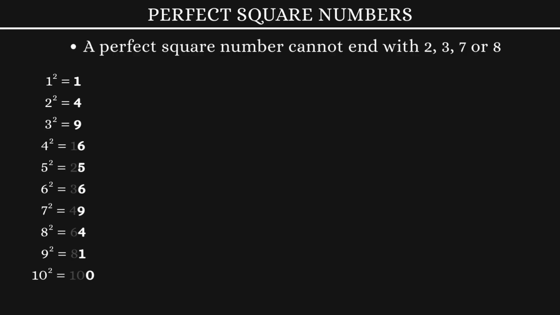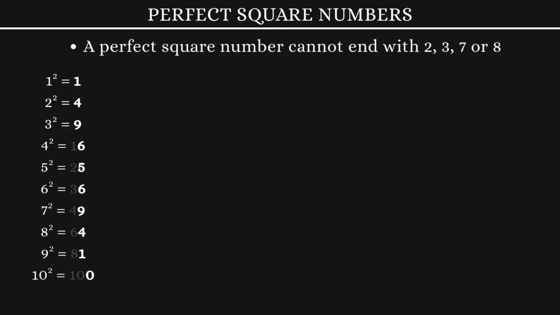Here we can see that the numbers 1 squared and 9 squared end in a 1. 2 squared and 8 squared end in 4. 3 squared and 7 squared end in 9. 4 squared and 6 squared have 6 as the ending digit. 5 squared has the digit 5 and 10 squared has the digit 0.